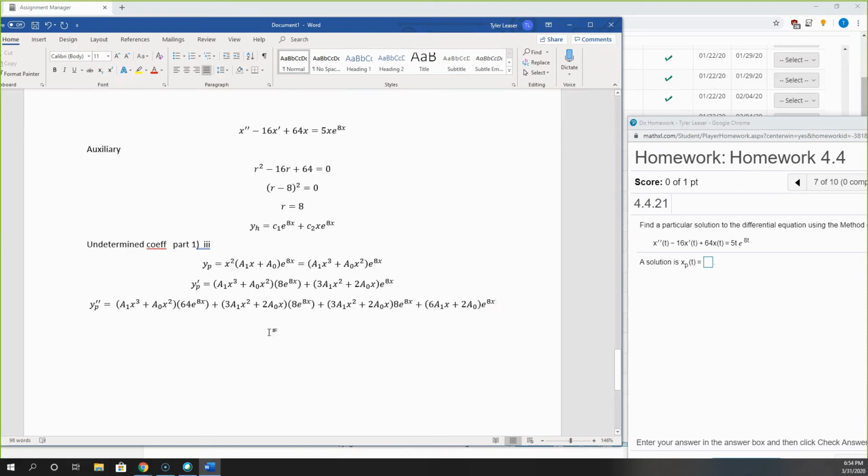All right, we're not done though, right? Because now we have to take this and plug it back into the original equation. Oh yeah, that one part. So plug that in. I wrote things as y's. These should be x's. It doesn't matter. Plug it in. So it's going to be this awful looking thing here. Copy paste. Minus 16 times this awful looking thing here.